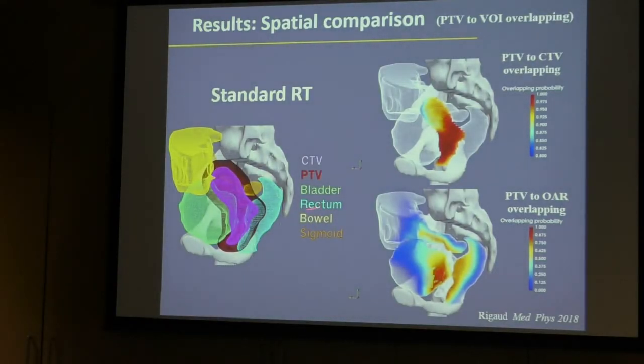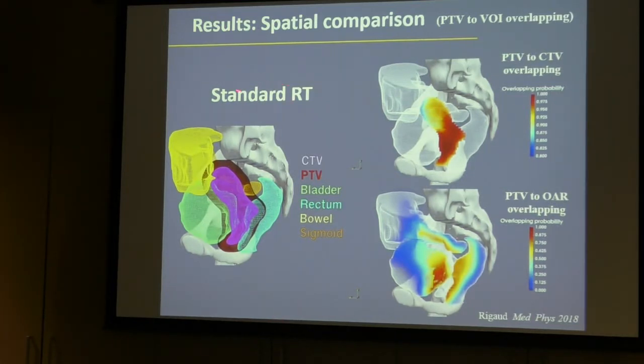And as endpoint for this study, we didn't consider dose, because when you do a lot of simulation, it's very hard to generate a dose. So as an endpoint, we consider a geometrical endpoint, which is the online CTV coverage by the PTV, or the overlap between the PTV and the organ.